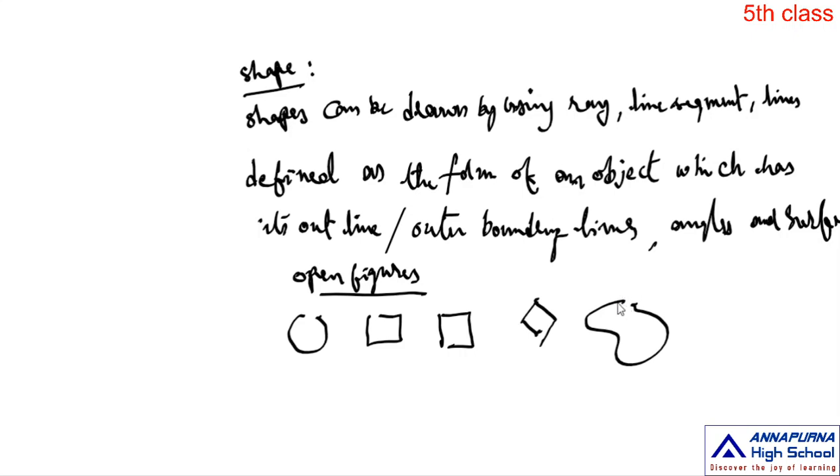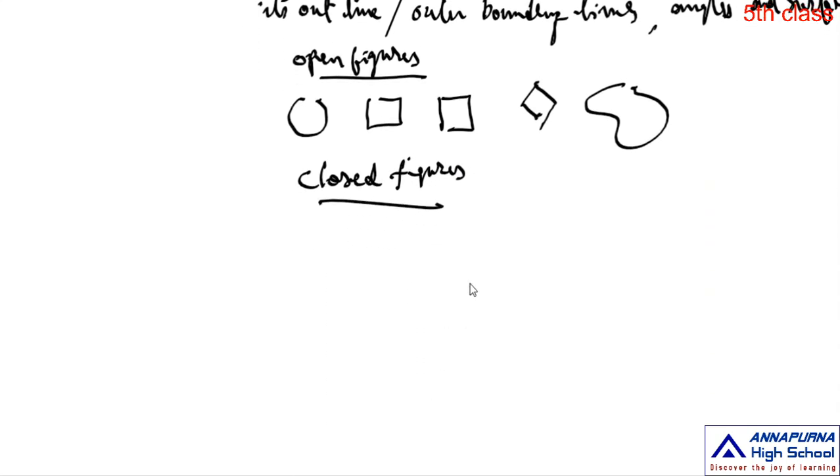Suppose the boundaries are closed, then they are called closed figures. What are the closed figures we have? Take the first diagram. This is closed. You take this one, this is closed.